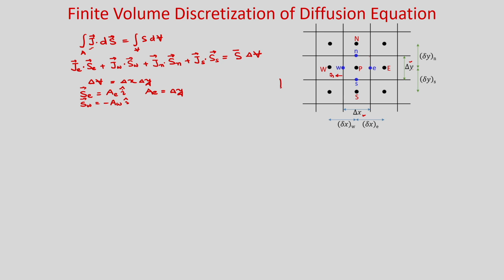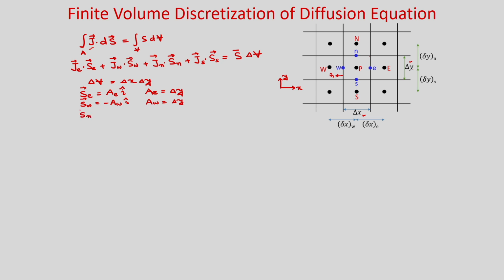So, if this is your x and this is your y, then we always take the surface normal outside. Obviously it is in the negative x direction, so you will get minus Aw i, and Aw is your delta y.